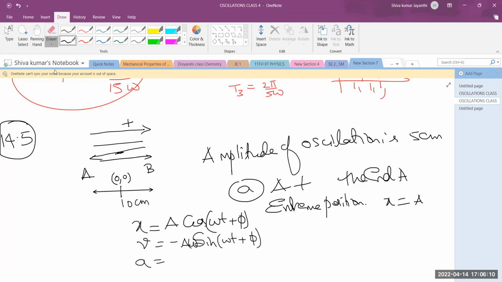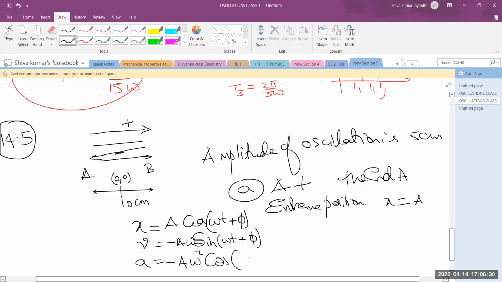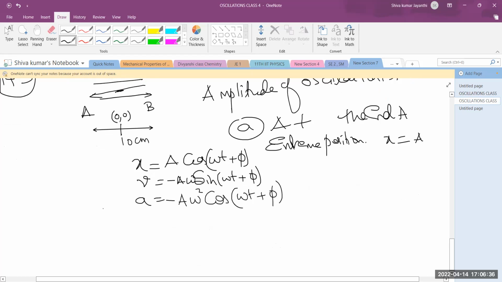You have to differentiate that. Remember also, similarly, minus A omega square cos(omega t plus 5), since differentiation of sine is cos.